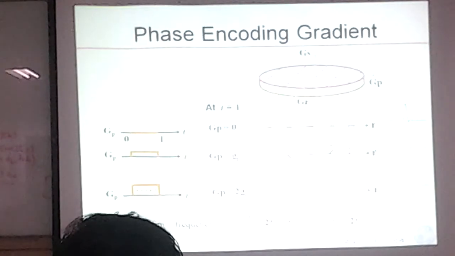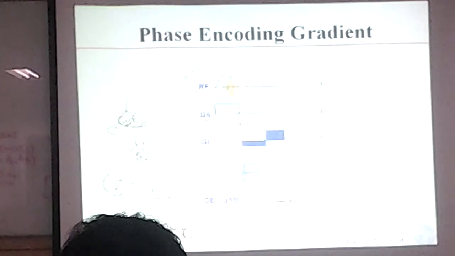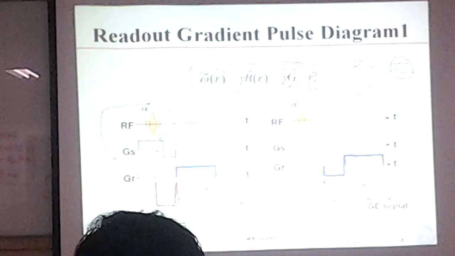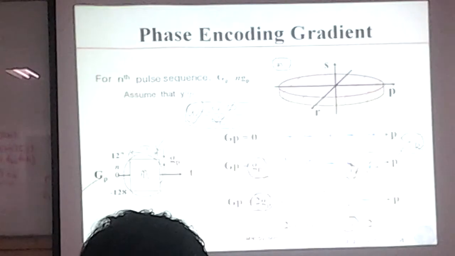And all these signals are acquired using the frequency encoding gradient as explained here. That means this pulse sequence will be repeated with different phase encoding gradients, right?